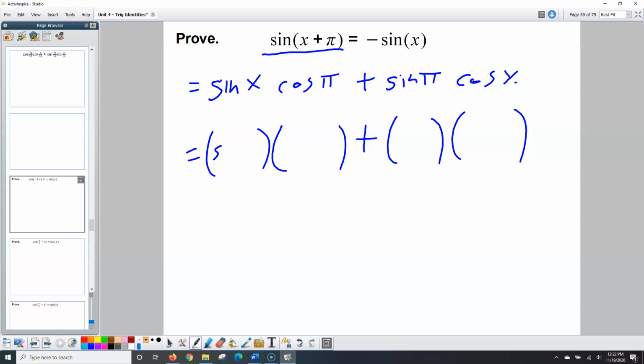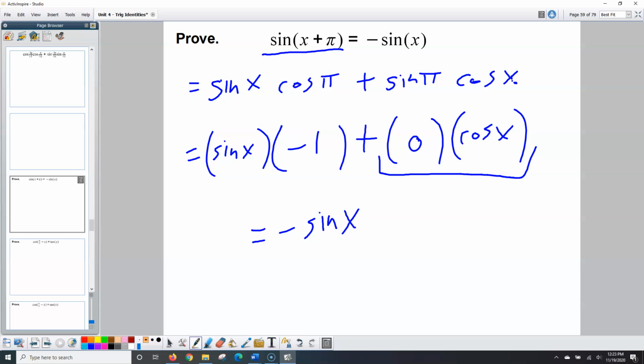So sine of x, can't change that any. Cosine of pi, so cosine is the x value of pi on the left side, is -1. And sine of pi is 0, and this should be cosine of x over here. Well, that's going to be 0 right there, isn't it? So all I'm left with is negative sine of x. Got it.